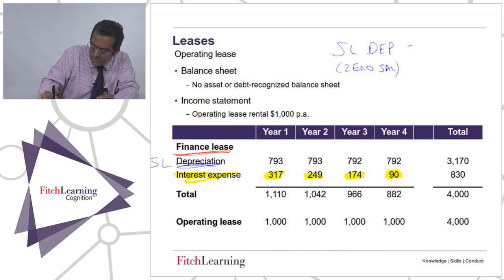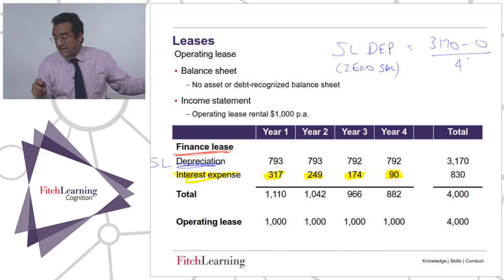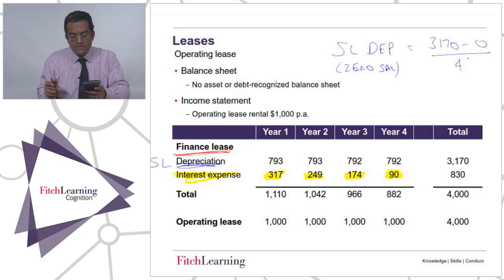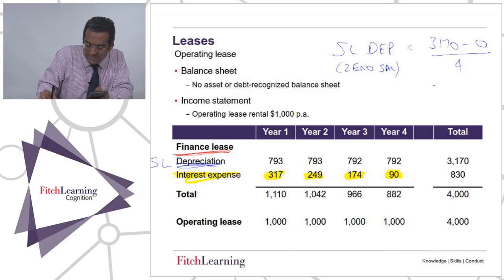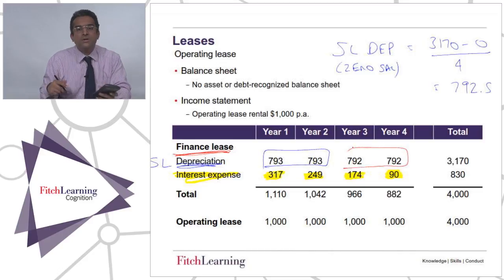And so that would be 3170 minus 0 divided by 4 years. And if you check, guys, I think you'll find where we get our numbers from. Okay, so it does come out to 792.5 as your straight line depreciation. But what we did is simply do 2 years of 793 and 2 years of 792. So, of course, it matches 792.5 on average.